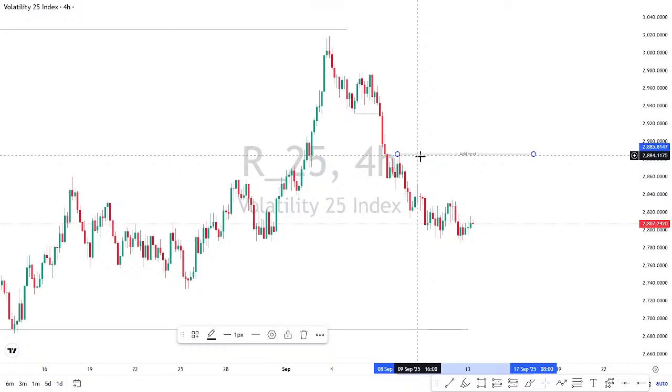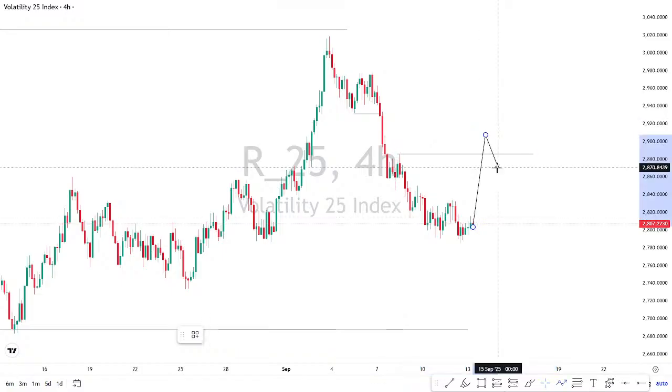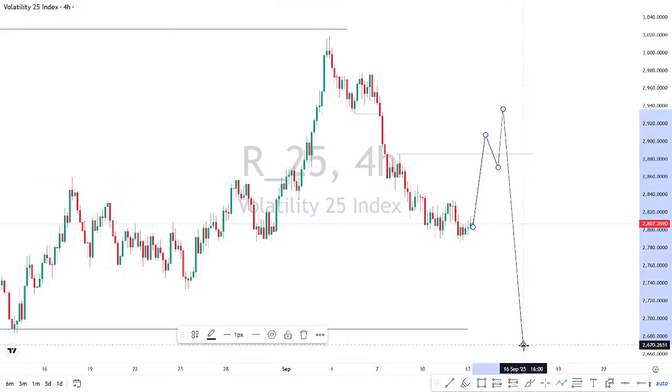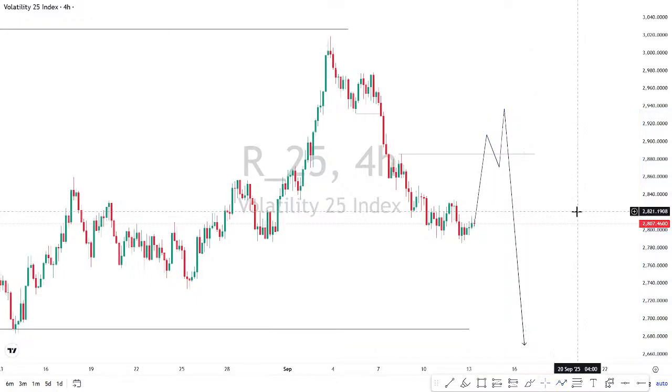So this is the liquidity I am expecting the market to come back to take, and then it would come back to this zone, give me something like this, and then we continue to break that low. That is what I am currently expecting. But from what the market is giving right now, it is not giving the intention to come back and break this high.